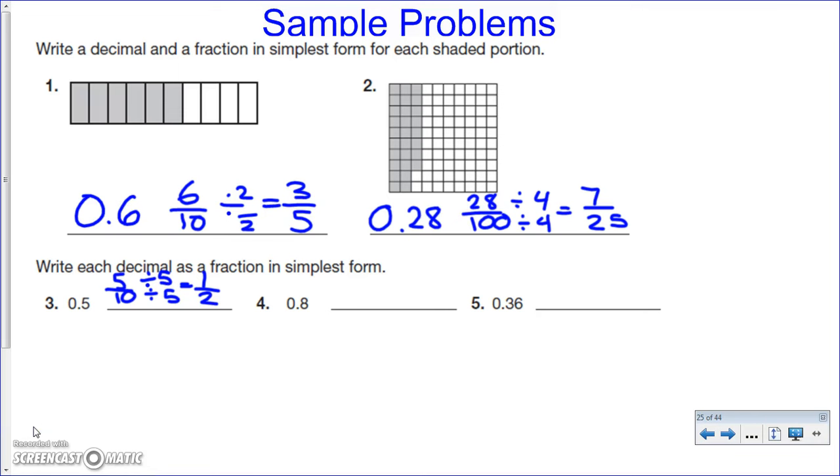For number 4, we have 8/10, so again, we're going to write the fraction as it sounds, and then we'll simplify. We know you can divide 8 and 10 both by 2, so we're going to divide it and get 4/5.